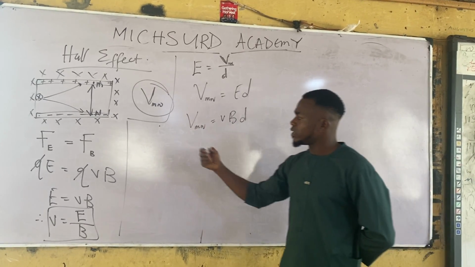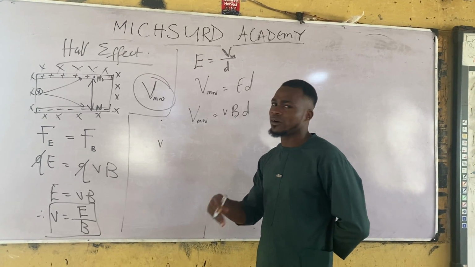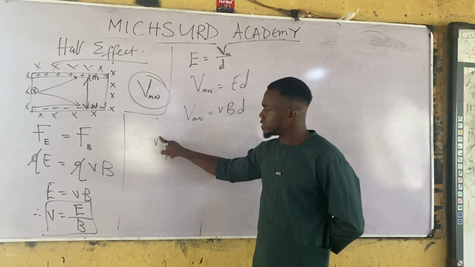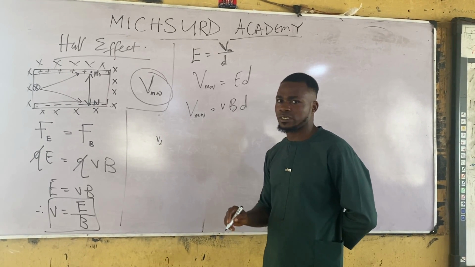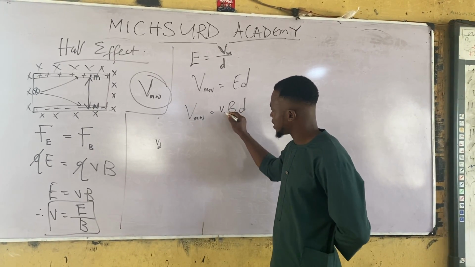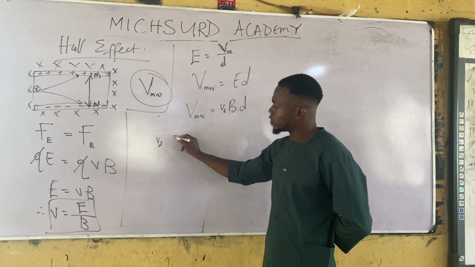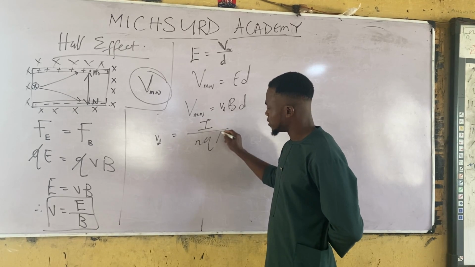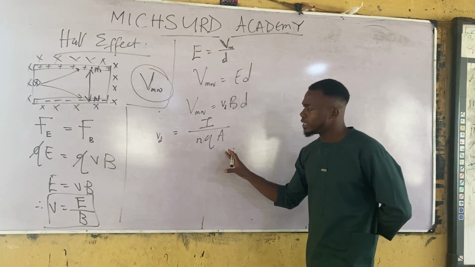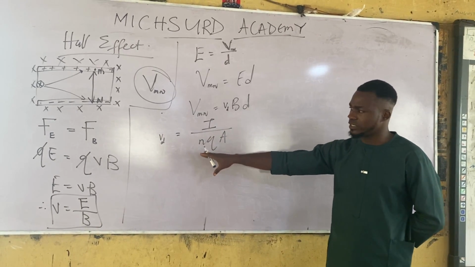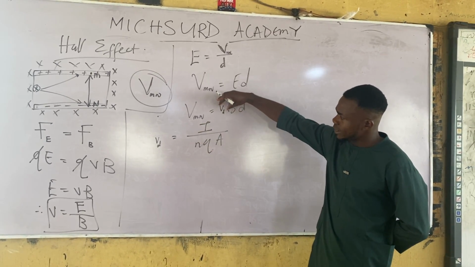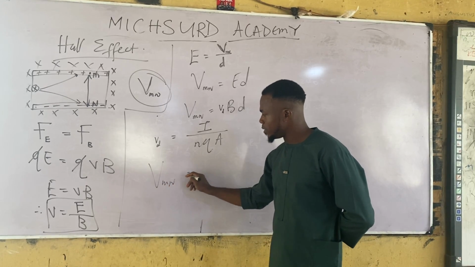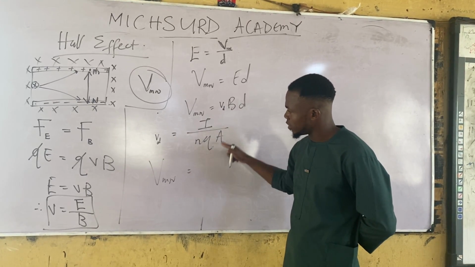Now also, if we flash back to our theory of electric current, we have that this velocity, which is called the drift velocity, which is the same as what we have here, is equal to the current all over nqA. So with this, I can get the drift velocity. So you can plug in everything, and you are going to have that VMN will be equal to vd, which is the whole of this now, right?